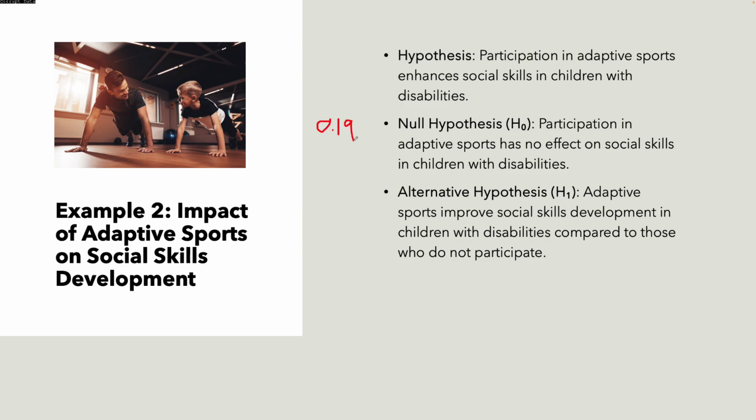Oh, they're all so much higher. It's a 19% chance that it's a mistake rather than a 5% chance. These are too high. I can't accept this, so I have to accept the null. So a type 2 error is when I accept this, but in actuality, the alternative was true. And these are really horrible places to be in.